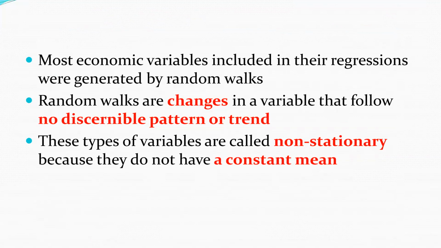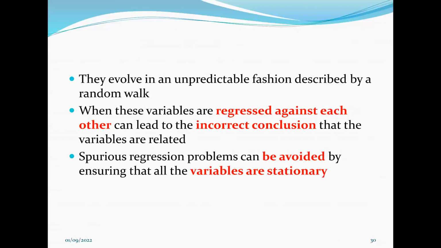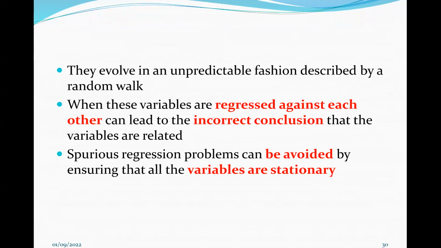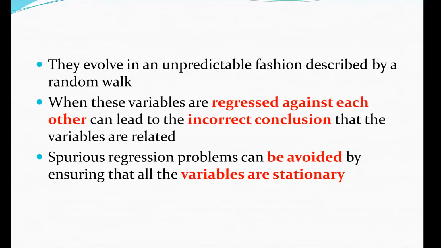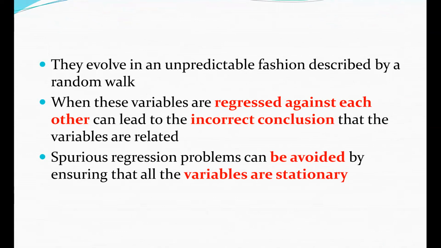They just move randomly. These types of variables are called non-stationary because they do not have a constant mean. They evolve in an unpredictable fashion described by a random walk.